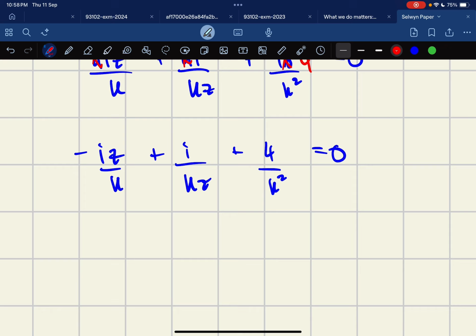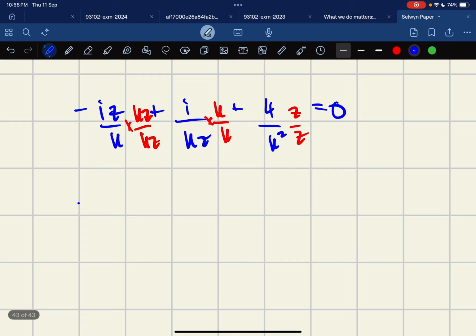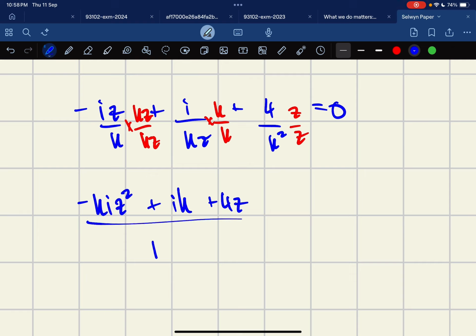So I multiply the left side by kz over kz, the middle one by just k over k, and the last one by z over z. So I'm left with negative k i z squared plus ik plus 4z over k squared z equals 0.